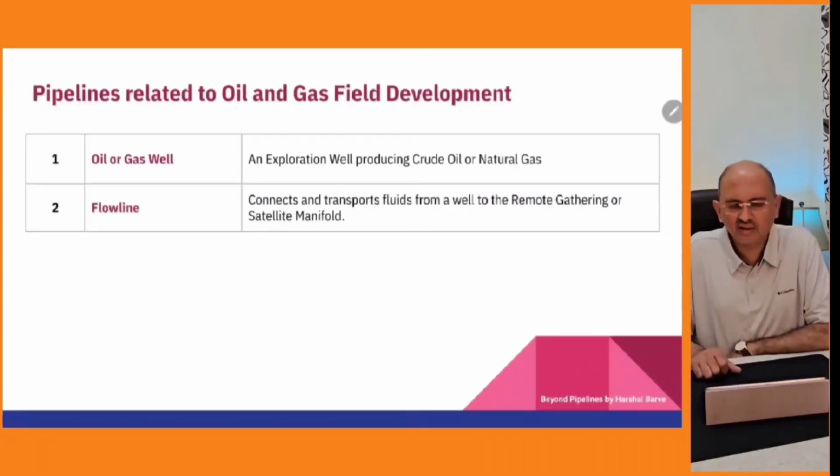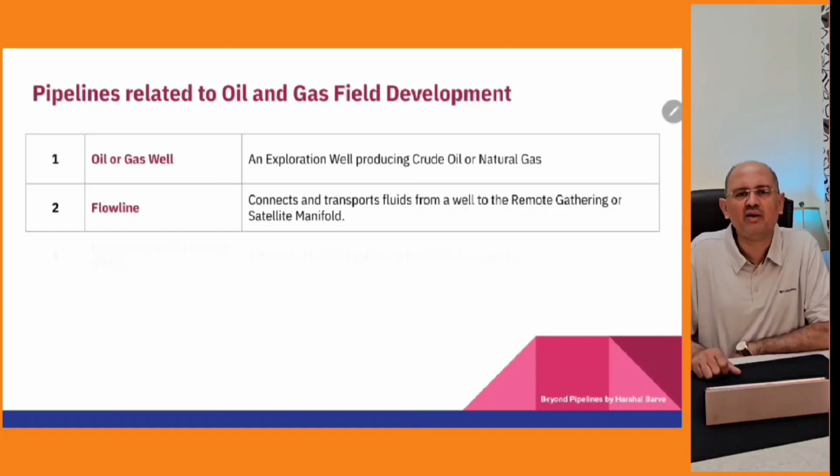So a flow line is connecting the line from one particular well to the manifold, the remote gathering manifold. As I explained to you, the remote gathering manifold becomes important because you need to keep the flow line length minimum.